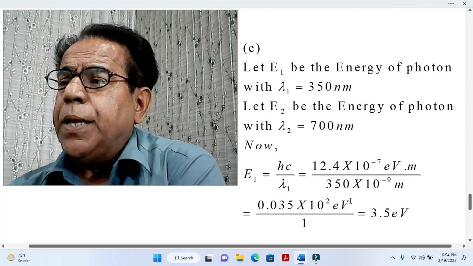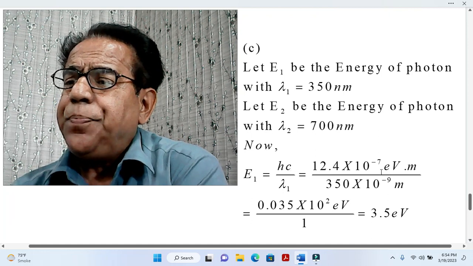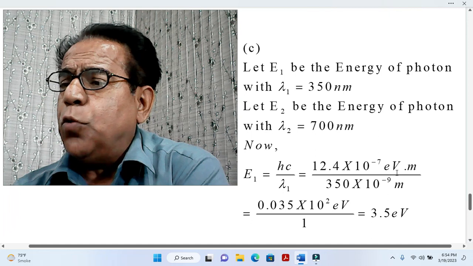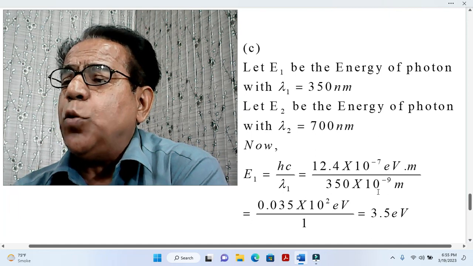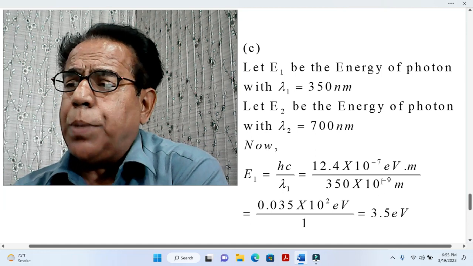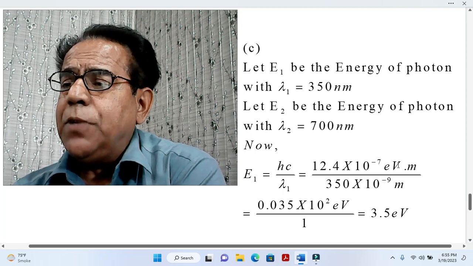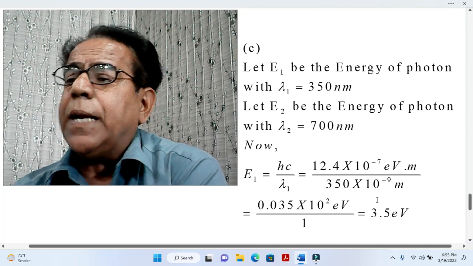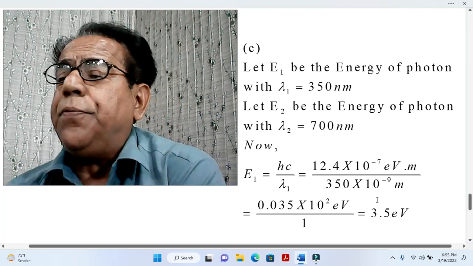Because, dear students, in hc the units are electron volt meter, while the wavelength is given in nanometer, which has been converted into meter by using 10 raised to the power minus 9 in place of nano, and hence meter is cancelled out with meter, and our result is E1 equal to 3.5 electron volt.